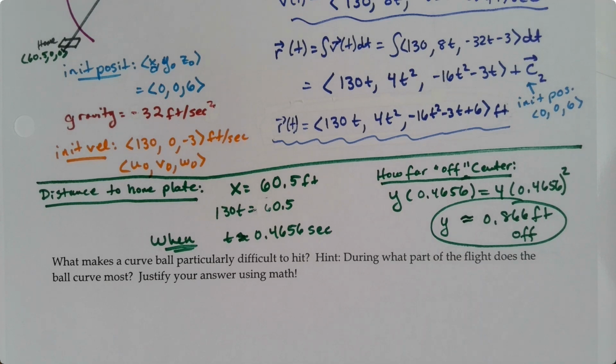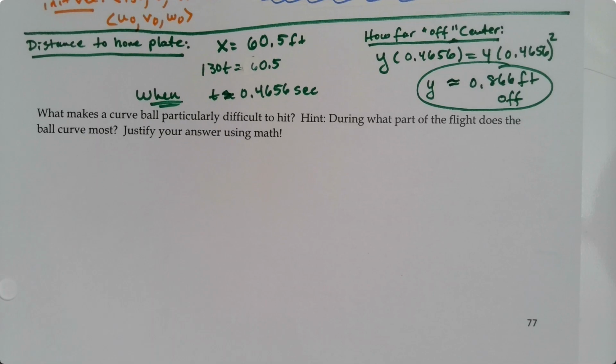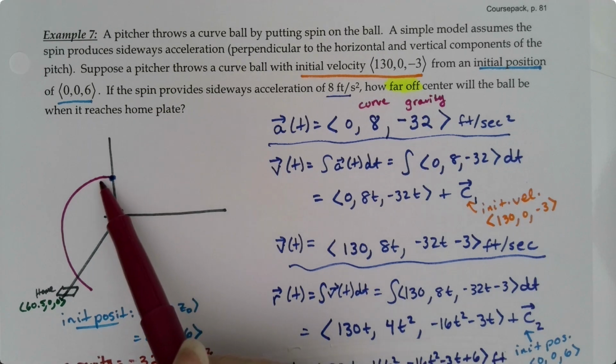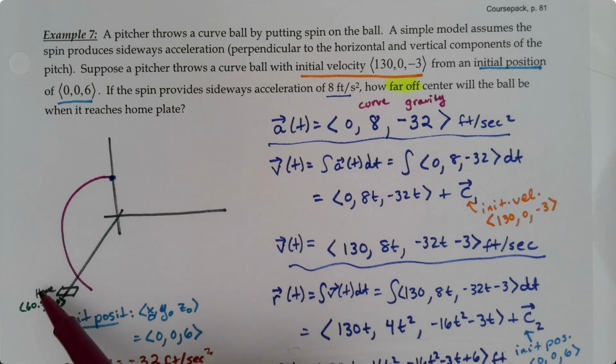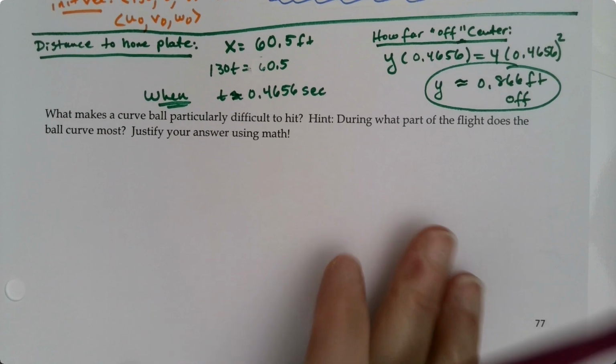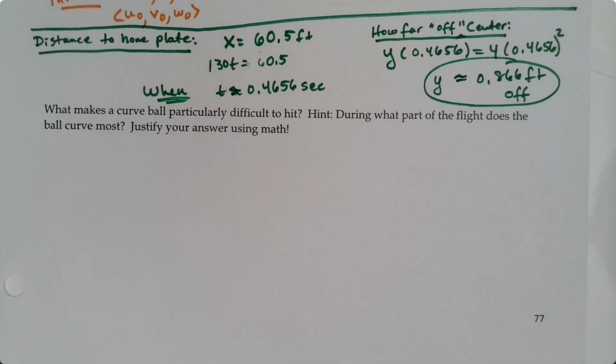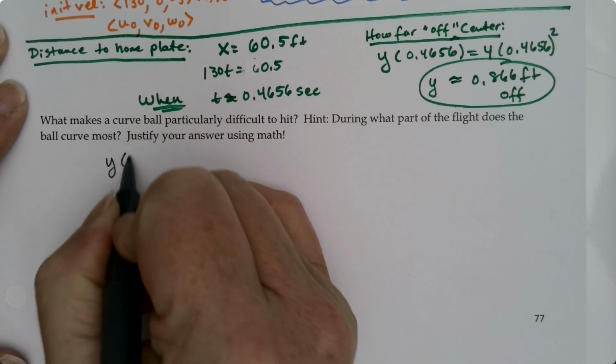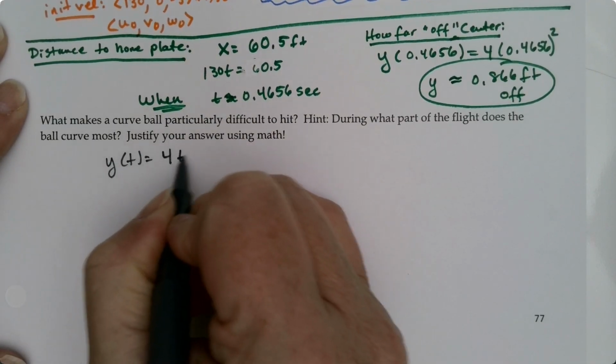Okay, so what makes a curveball so difficult to hit? What's going on here? So when the pitcher throws it, it seems like it's coming towards the batter. So the batter swings and it arches away. Why is that happening? Well, let's look at the spin in just the y direction. So let's take a moment and think about the y of t, which was 4t squared.